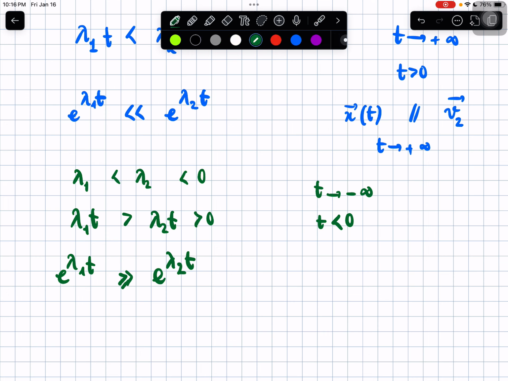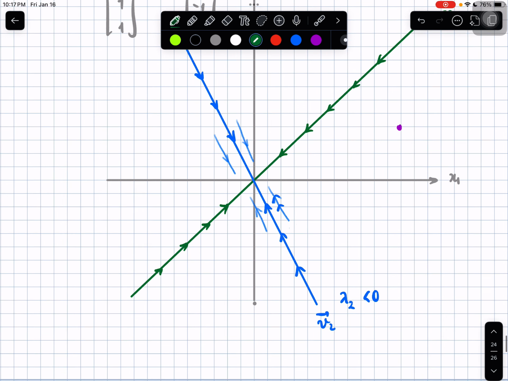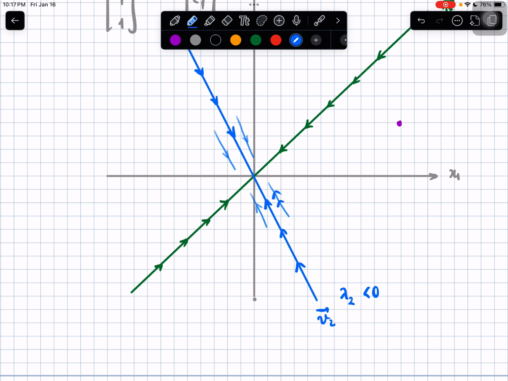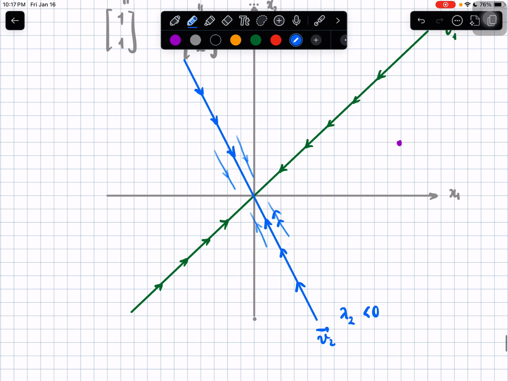So the solution x(t) follows v1, parallel to v1, as t tends to minus infinity. So minus infinity follows v1. So that is what happened. Far away from the path, at infinity, it just follows v1.